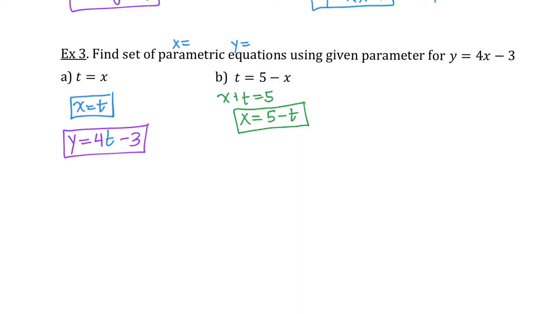Okay, now I want to find the parametric equation for y. And I know that y equals 4x minus 3. So for x, I substitute in my new parametric equation for x.